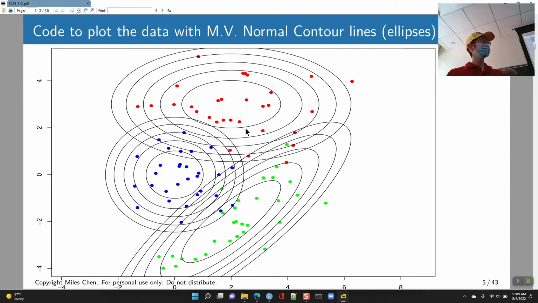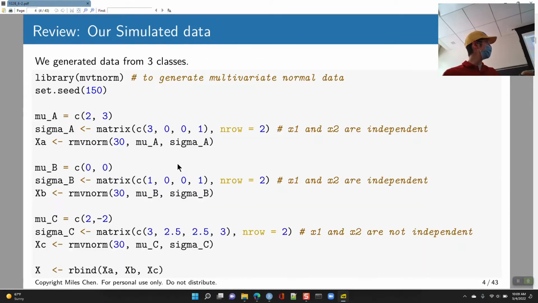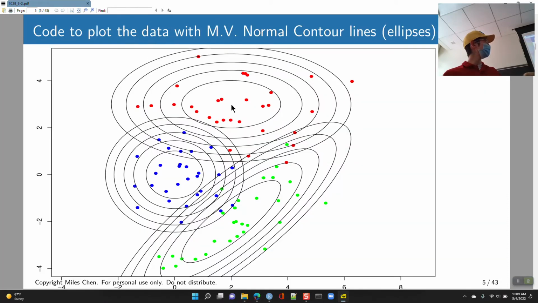The generated data has mean 0, 0 for the blue, mean 2, 3 for the red, and mean 2, negative 2 for the green. There's covariance between x1 and x2 in the green, but no covariance for x1 and x2 in blue or in red.